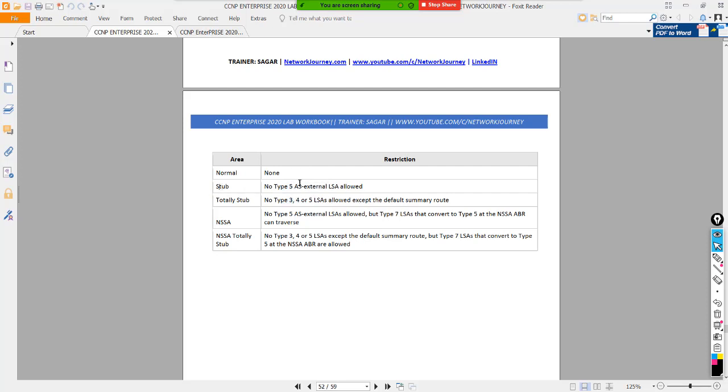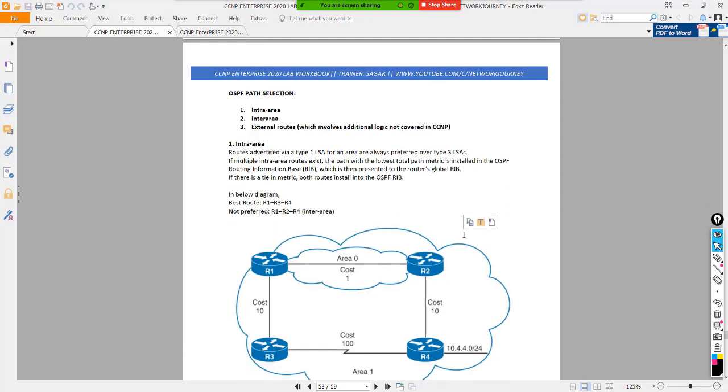In the case of not so stubby area, you are suppressing 5, but you are generating one more LSA called 7. And in the case of totally not so stubby area, you are suppressing even the 3, 4 and 5 and bringing in the 7th one.